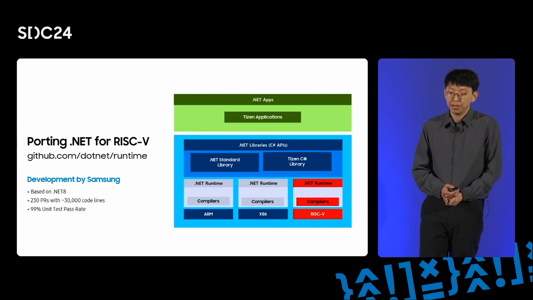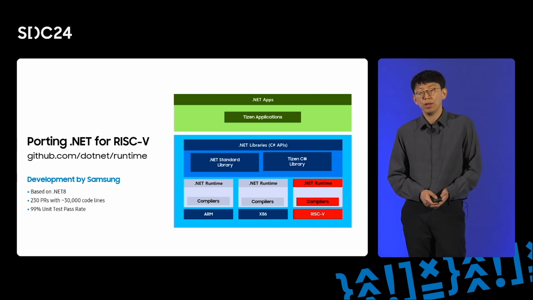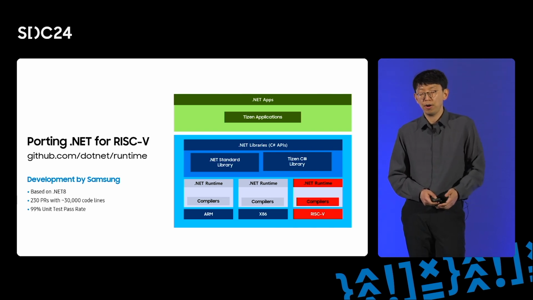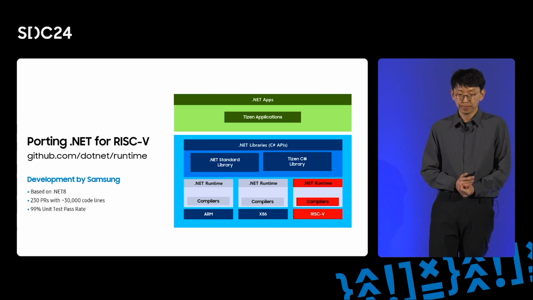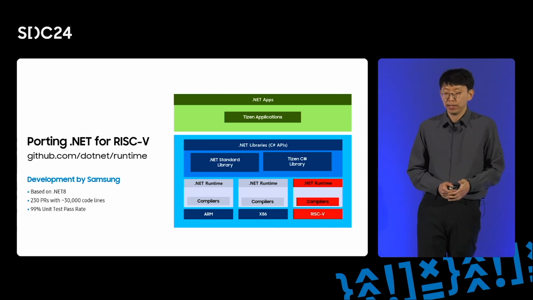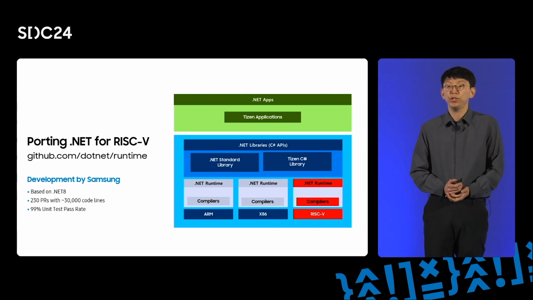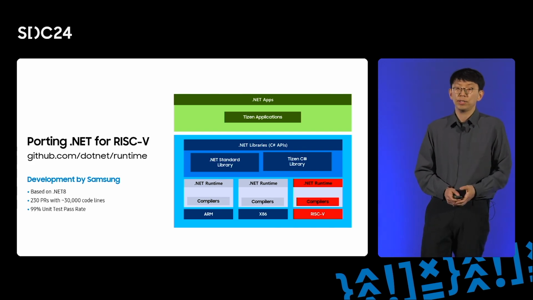Since last year, we've made over 230 pull requests and contributed more than 30,000 lines of code, achieving over 99% of unit test pass rate. And I want to emphasize that all of these contributions have been led by Samsung, and development is still ongoing to implement additional features and ensure stability.